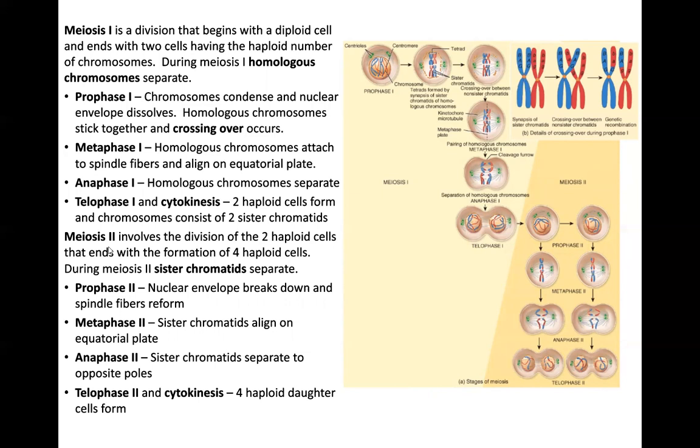Now, during meiosis I, once again, we separate homologous chromosomes, but something special happens, and that's what this figure up here in the top right is showing you. What we call crossing over occurs.